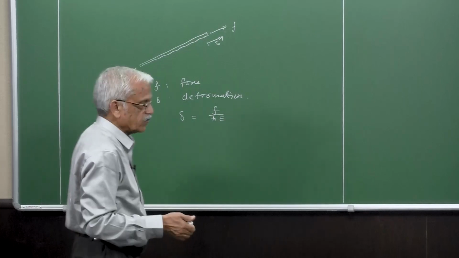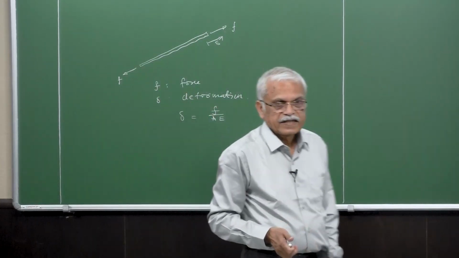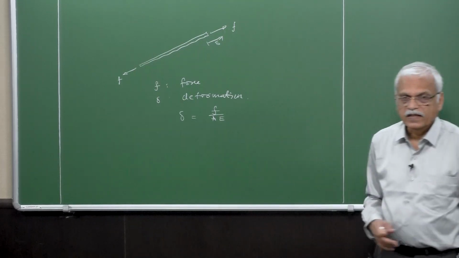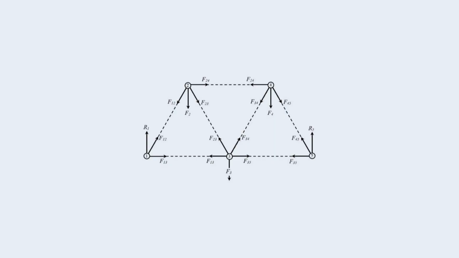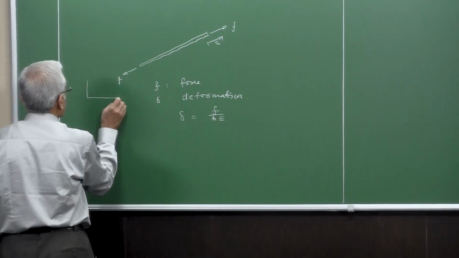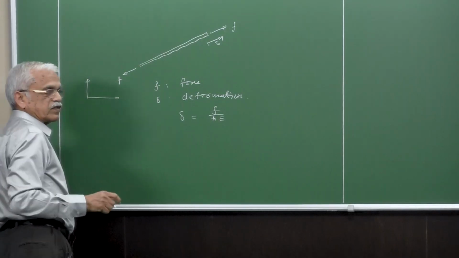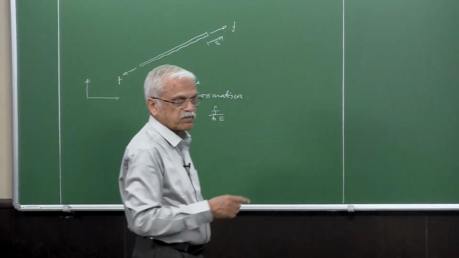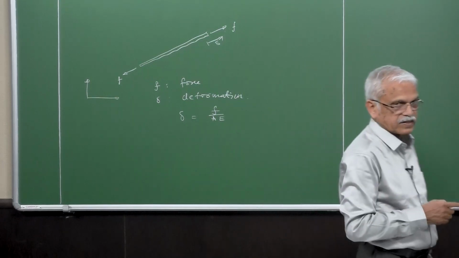F is the internal force, A is the cross-sectional area, and E is the Young's modulus. This is in two dimensions, and even in two dimensions, the axial force and the deformations are related by this simple relationship.